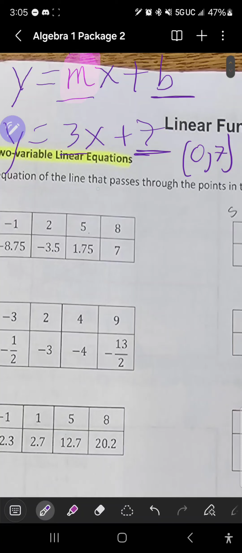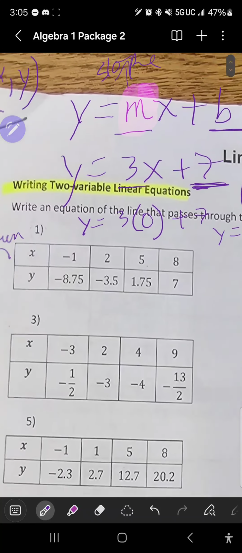We can write y equals 3 times 0 plus 7 since x is equal to 0. 3 times 0 is obviously 0, so y equals 7. And that's basically what b means.